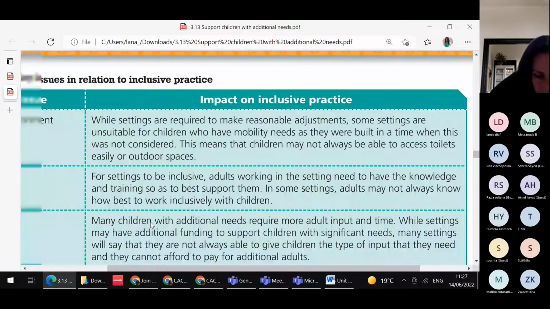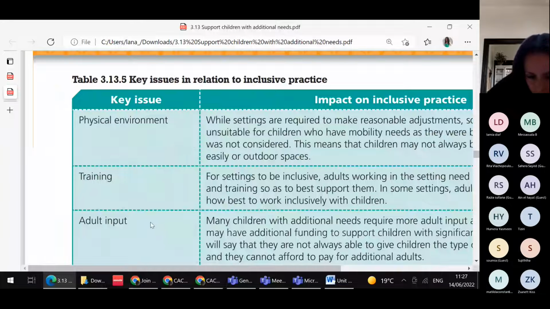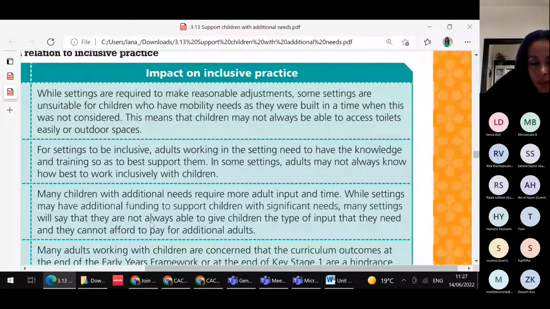Also, we have the training. For the setting to be inclusive, adults working in the setting need to have the knowledge and training. They need to be qualified to understand what inclusive practice is. In some nurseries, adults may not always know what inclusive practice is and how to work inclusively with children, and that would affect the child's development.